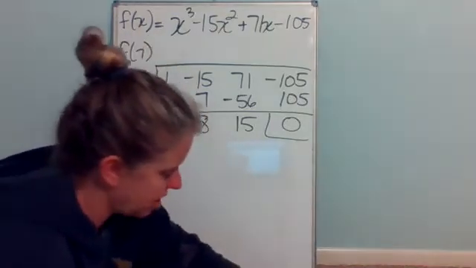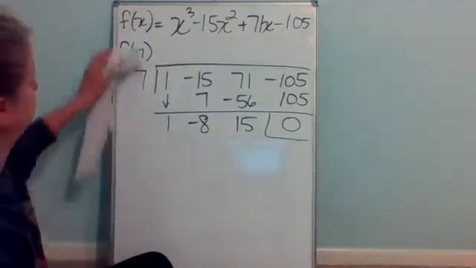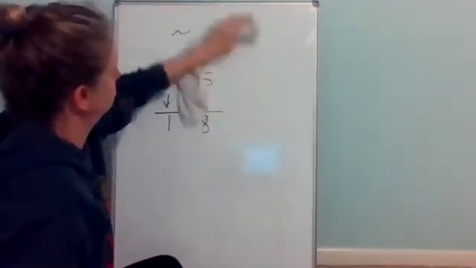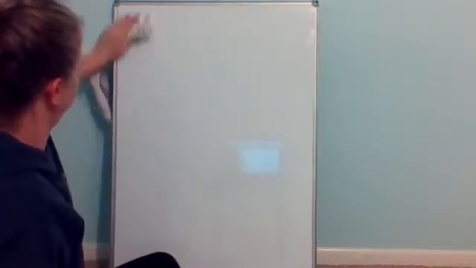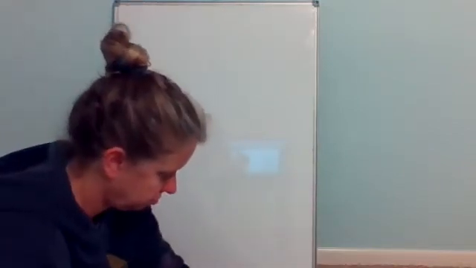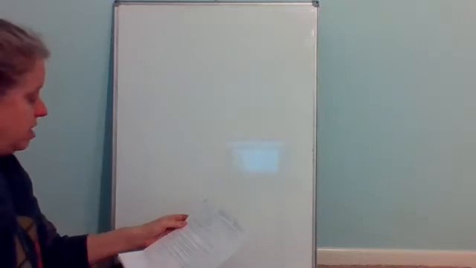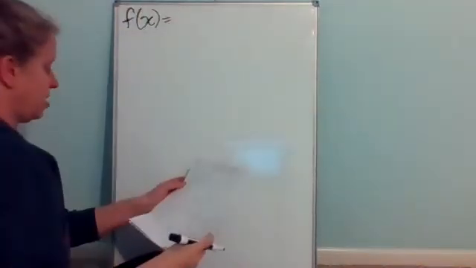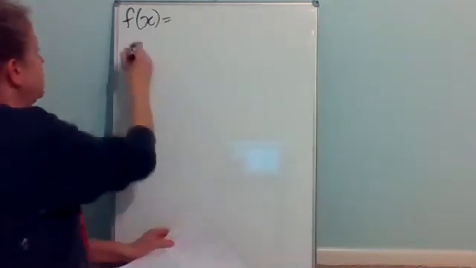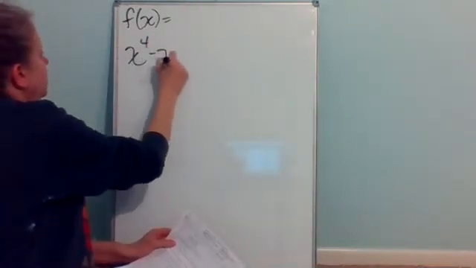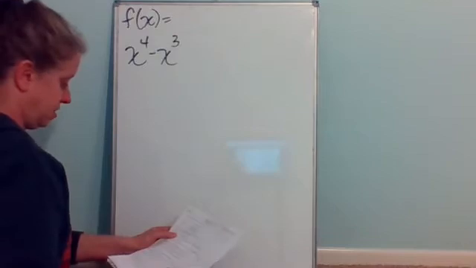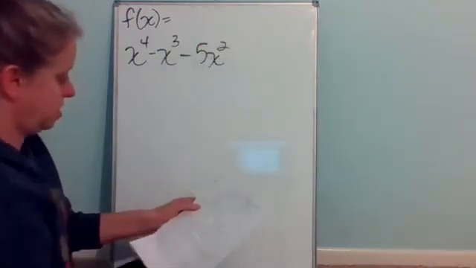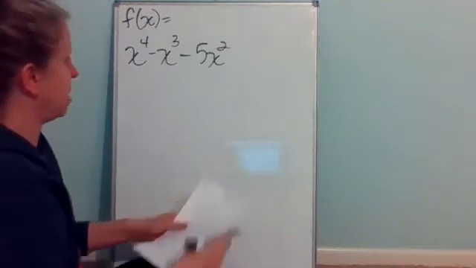All right, number 2, same thing. The function is f of x equals x to the 4th minus x to the 3rd minus 5x squared plus 38x minus 40.